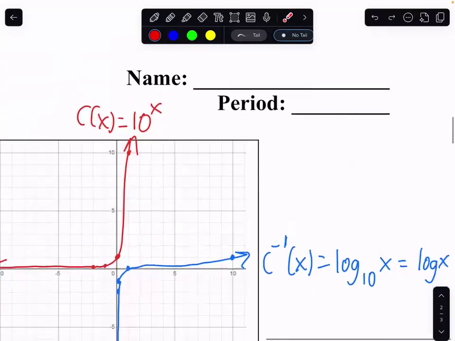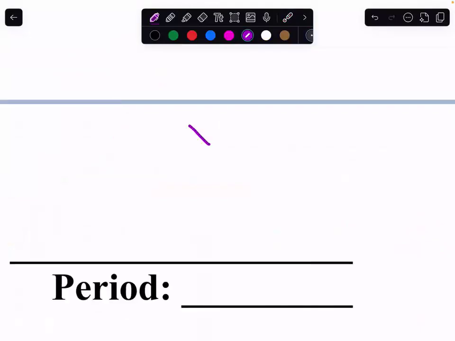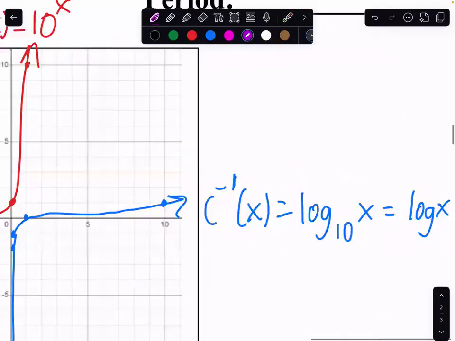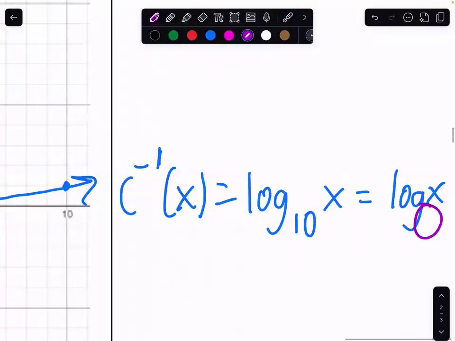Okay, so yeah, there's a lot of invisible numbers in math. Like for example, we know that x is really x to the invisible first power, right? Or you can have an invisible coefficient of 1. Now, square root, right? Here it's not an invisible 1, the invisible index, it's an invisible 2. So now for log, it's not an invisible 1 or an invisible 2, it's an invisible 10.